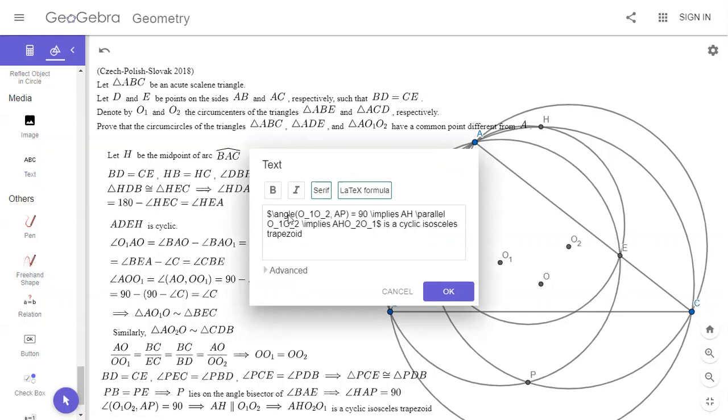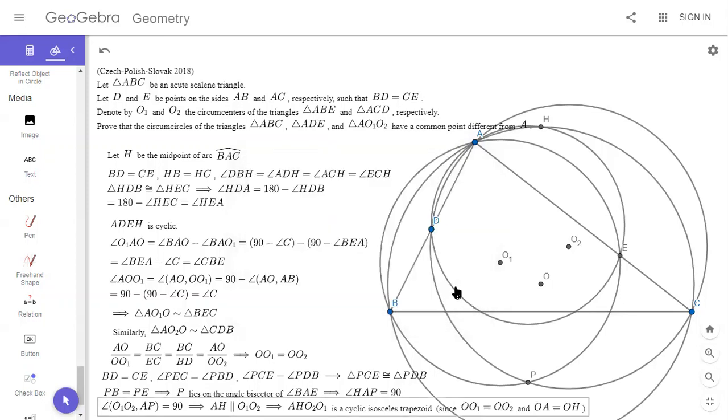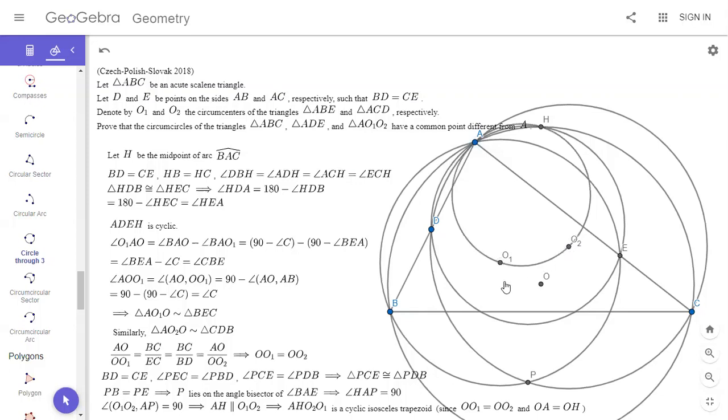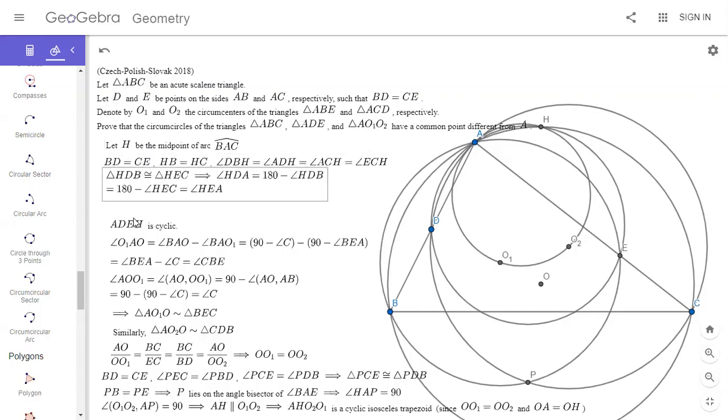Since OO1 equals OO2 and OA equals OH, right? All right, and so that basically solves the problem, because that means that H lies on the three circles in the question. So I'm just going to make room for that last statement.